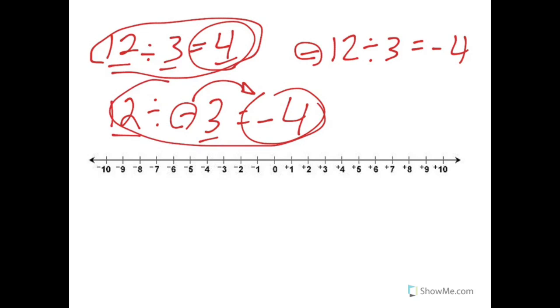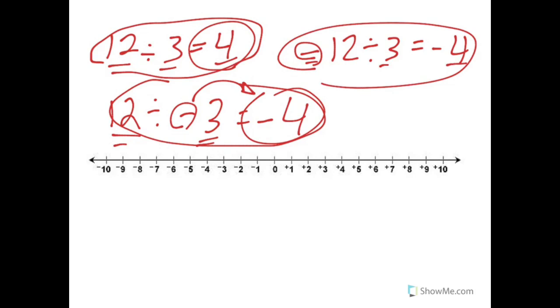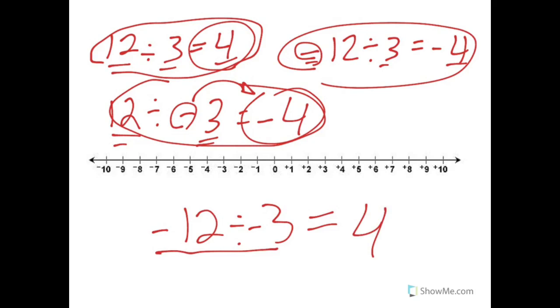If the signs are different, so you have a positive and a negative, it's negative. Over here you have a negative and a positive, it's negative. Same thing as if you did negative 12 divided by negative 3, okay? The signs are the same, so your answer is going to be positive 4, okay? Or you can think about it as negative signs, in this case, cancel out one another.